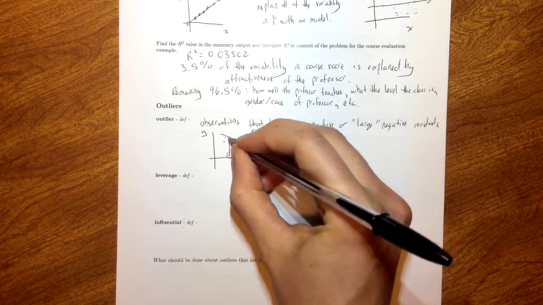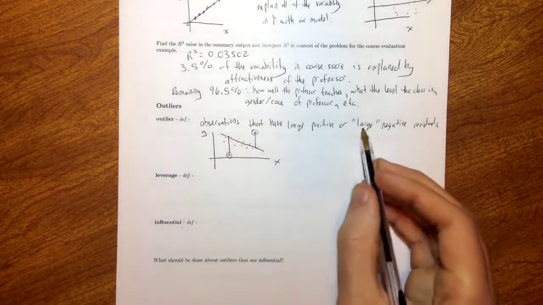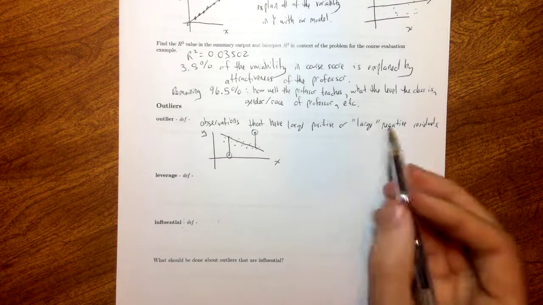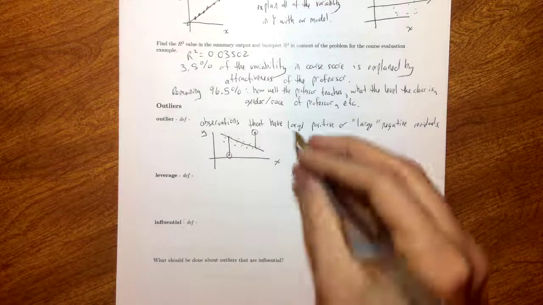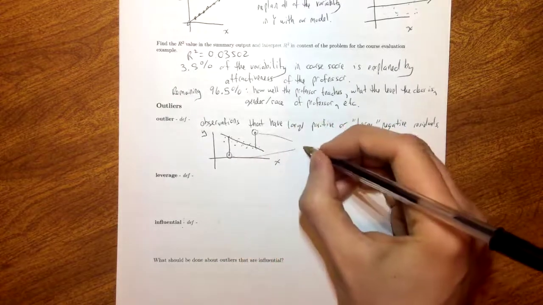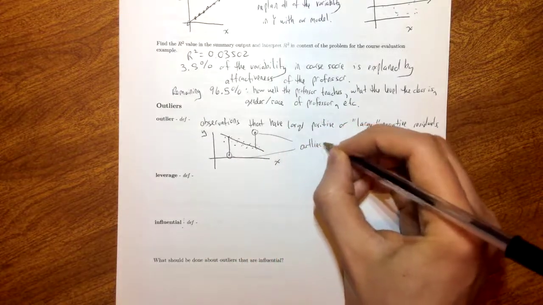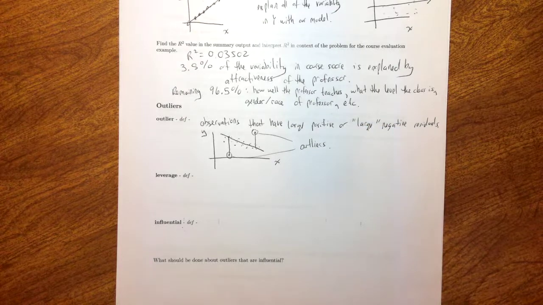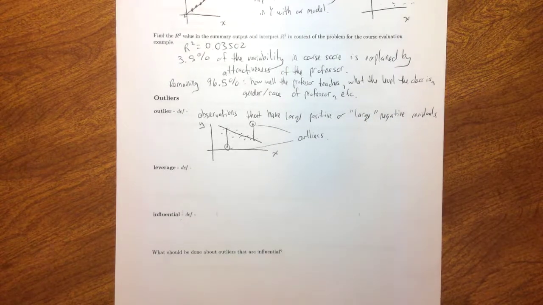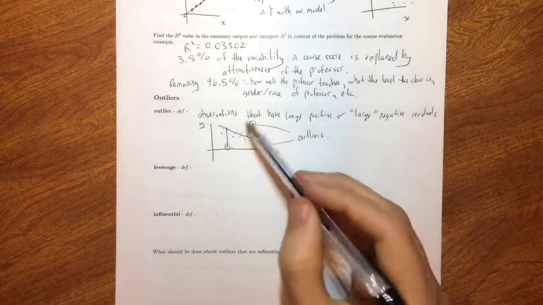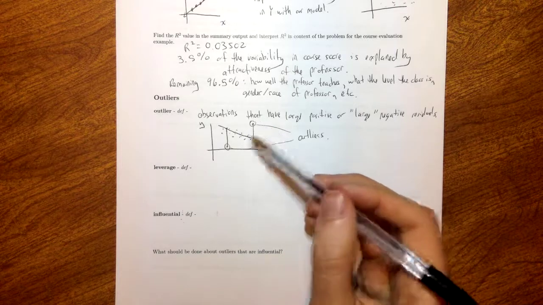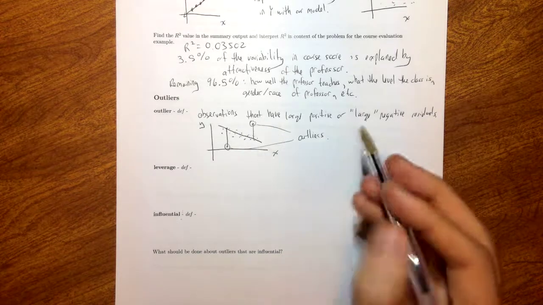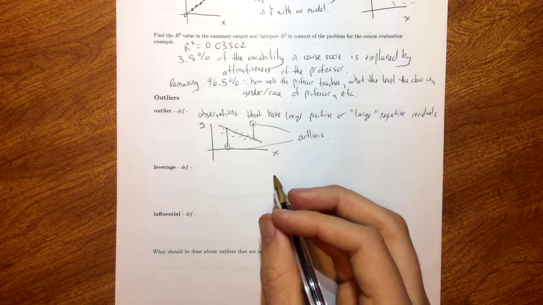This point has a very large, where large is in quotes because we really just mean very negative, negative residual. Both of these points we would classify as outliers. It's interesting to think about, in a real data example, what makes these points outliers, so you might dive into the data a little further to investigate that.